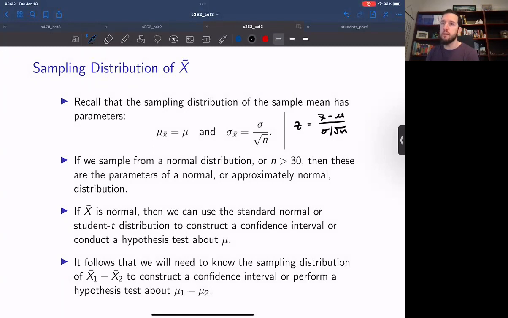In order for us to conduct inference about mu1 minus mu2, we have to know similar results for X bar 1 minus X bar 2. So effectively, what I'm trying to say is when we build these two sample inferential procedures, we take the idea from the one sample case and we put it into the two sample framework.